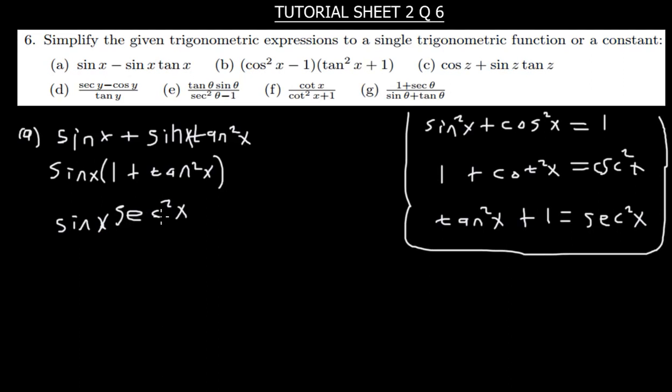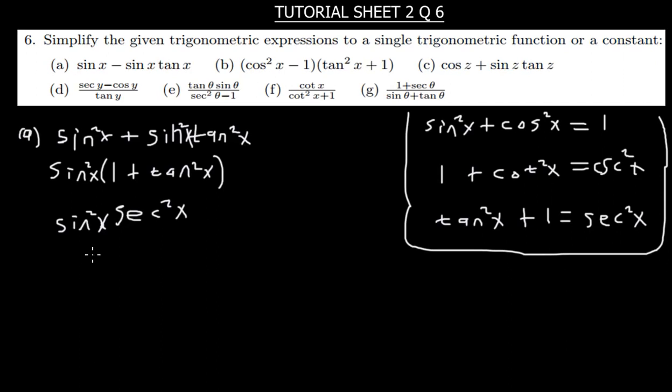And then this sec, we know it's nothing but 1 over cos. Sorry, this was also maybe supposed to be squared. Mind you, I'm just trying to correct this question. It was wrongly asked.